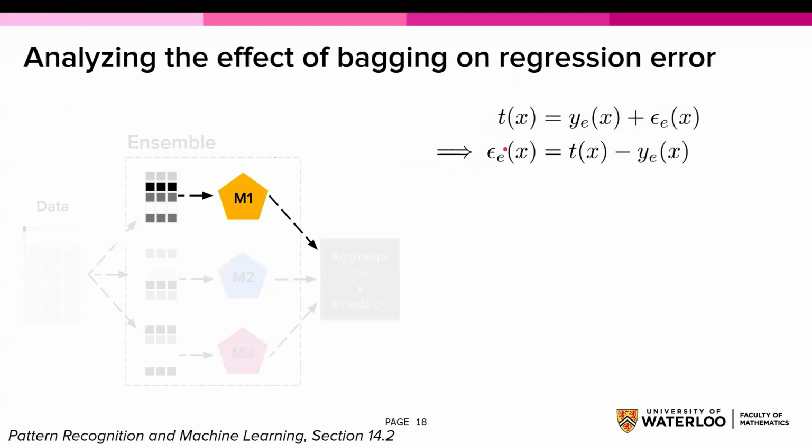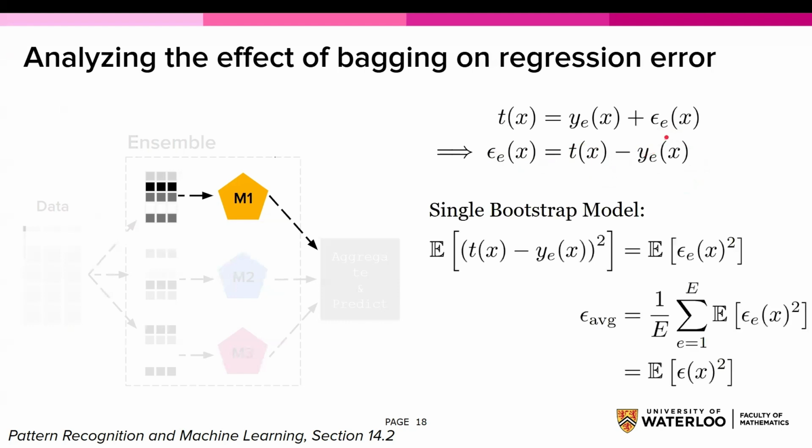For a single bootstrap model, the error is just the difference between the target and our prediction. And the squared error is the expectation of the squared difference between the target and a single model prediction y sub e. This gives the single model's sum of squared errors.